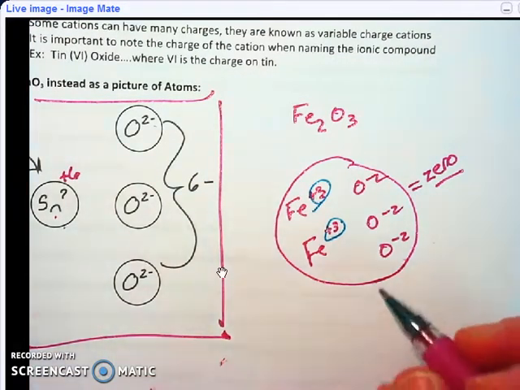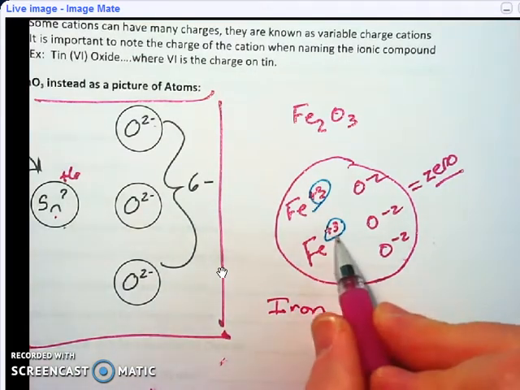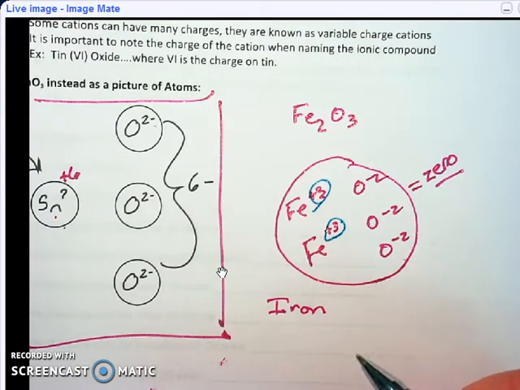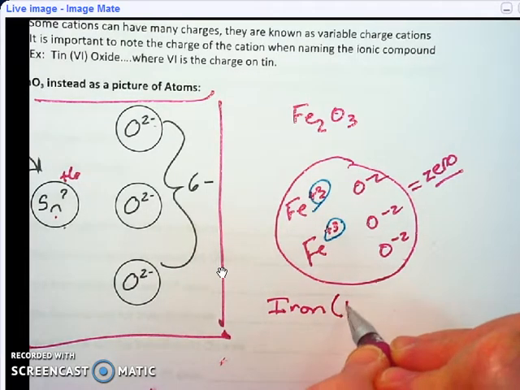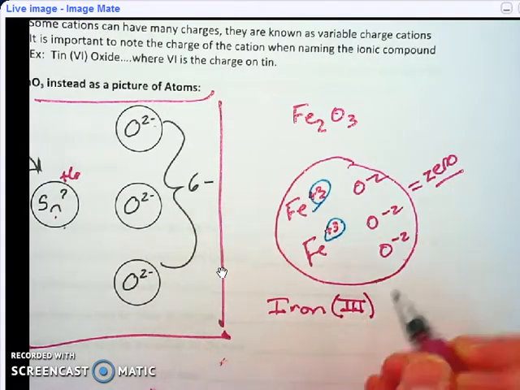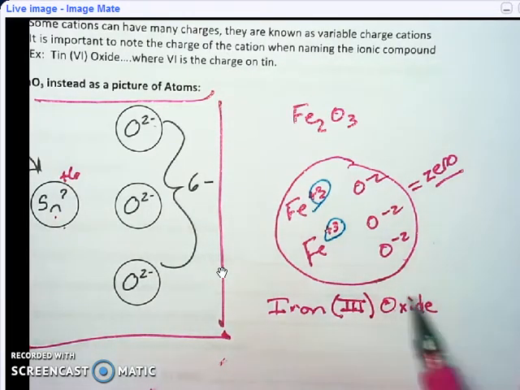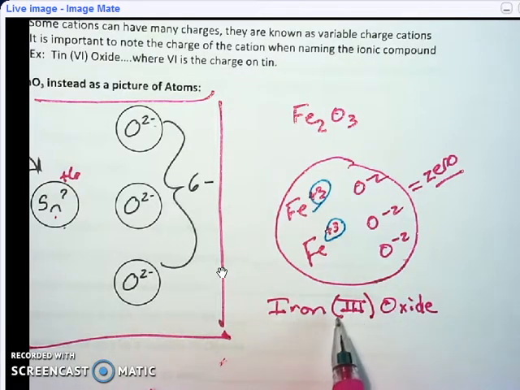And then the name on it would be iron. And then we have to write the charge so you can tell the rest of your chemistry community the charge. We're going to use a Roman numeral 3, iron 3 oxide. So the only thing that has changed is you telling everybody what the charge is on that iron.